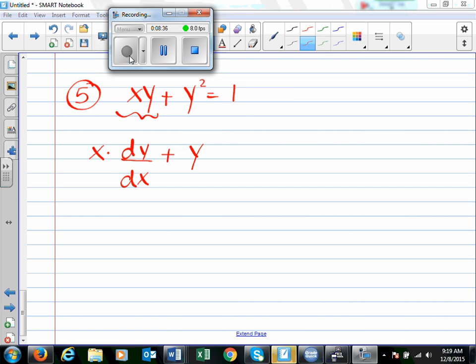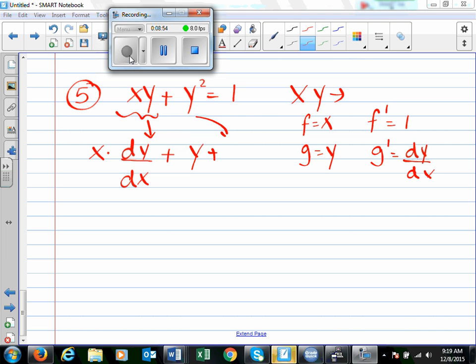Because if f is x and g is y, f prime will be 1, g prime is dy over dx. So we apply product rule to this. Plus, the derivative of y squared will be 2y dy over dx, equals 0.